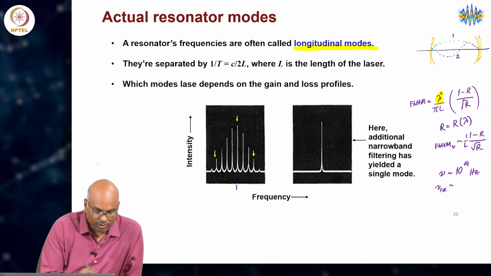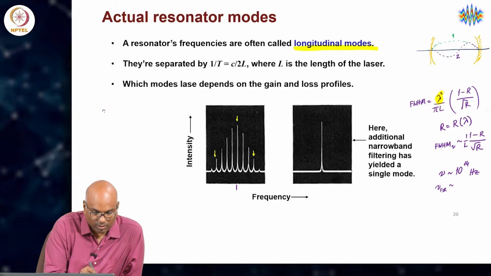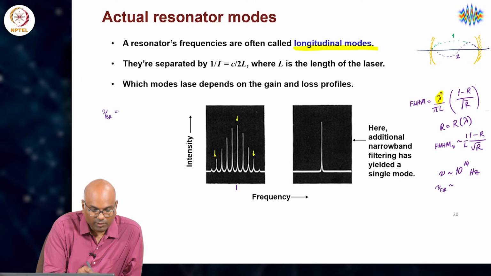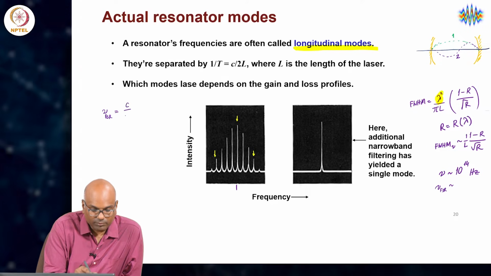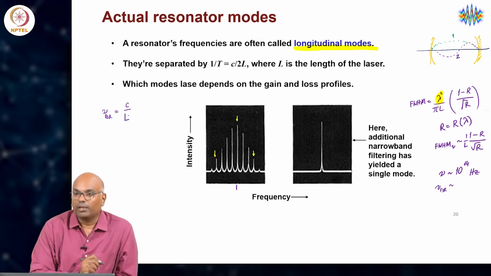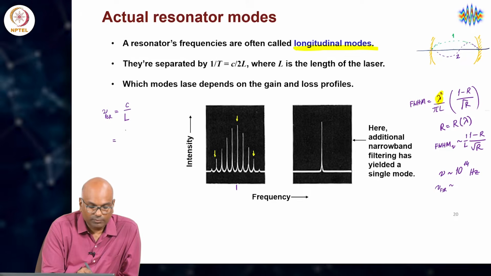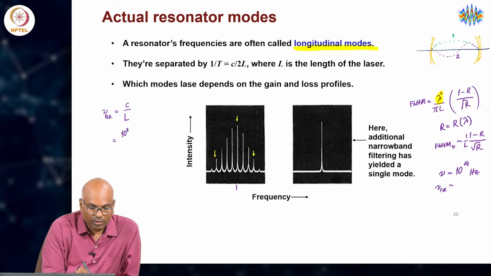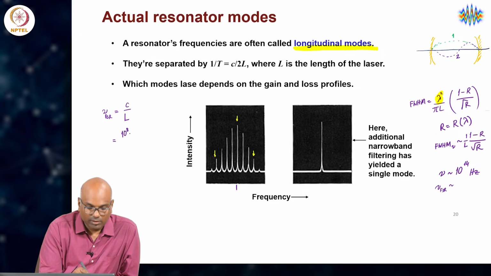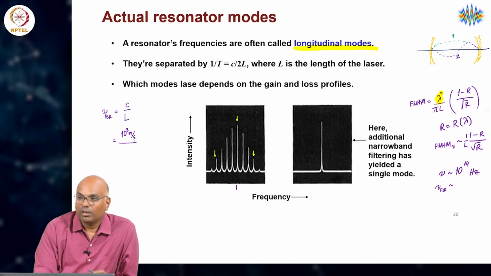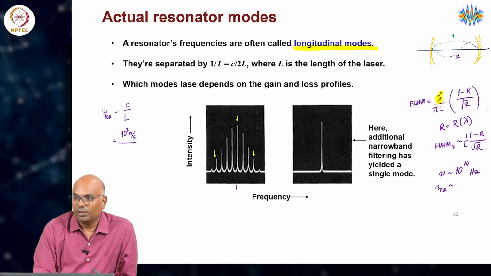Okay, let me go to the other side of the screen. The FSR was c by L. So, what is c? It is 10 to the 8 meters per second, and what would L be typically?